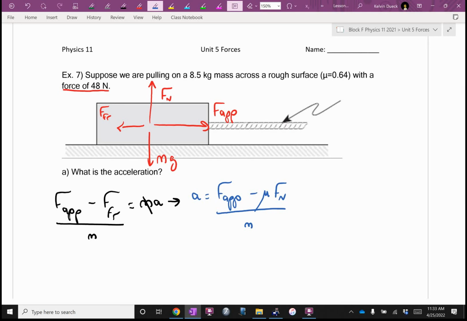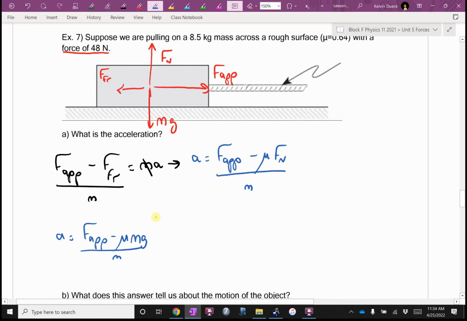But look, I know a force the same size as the normal force. Which force from my free body diagram has to be the same size as the normal force? Yeah. So I can say this will be the same as F applied minus mu mg over m. So let's plug in numbers. What was F applied?